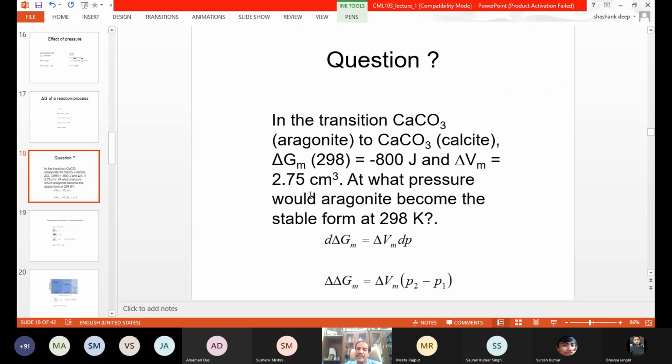So in that case, you need to calculate the pressure at which the diamond form of carbon will be stable. Again, any phase changes can be understood by looking at how delta G changes with pressure or temperature.